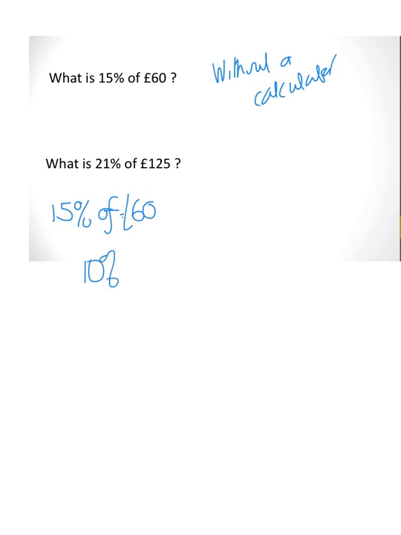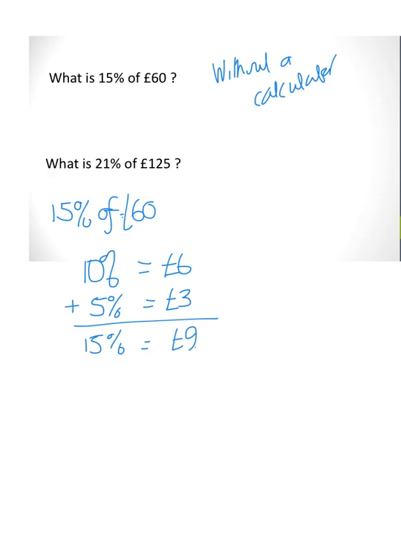So 10% we would divide by 10, which would give us 60 divided by 10, which is £6. 5% is half of 10%, so that would give us £3. And if we add those together, we can therefore say that 15% equals £9. So therefore, without a calculator, 15% of £60 is £9.